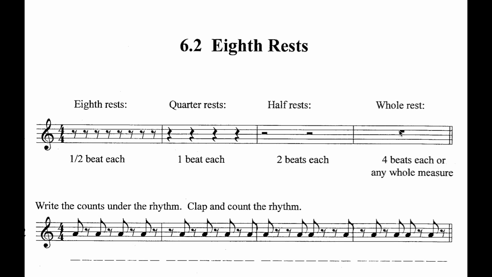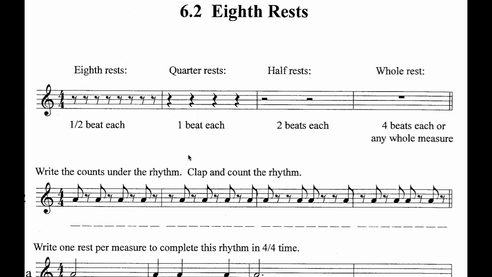For whole rests, which fill up a whole measure, or are 4 beats, the top hat is upside down, hanging from the 4th line from the bottom. So the third line from the bottom, top hat's on top of the line for 2 beats of rest, and the 4th line from the bottom, hanging for a whole rest, or 4 beats.